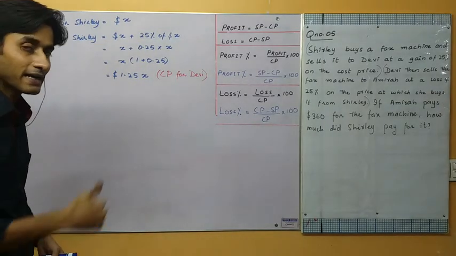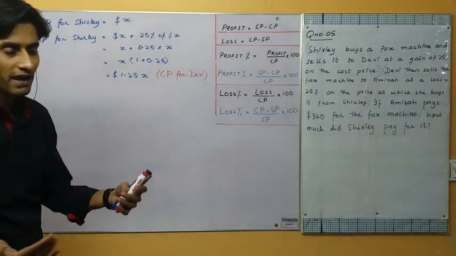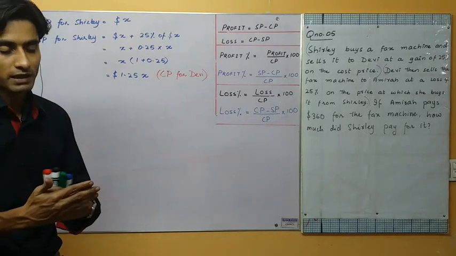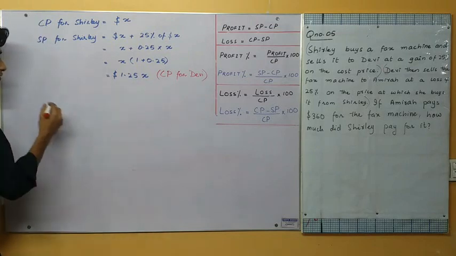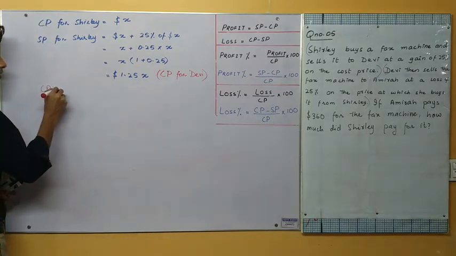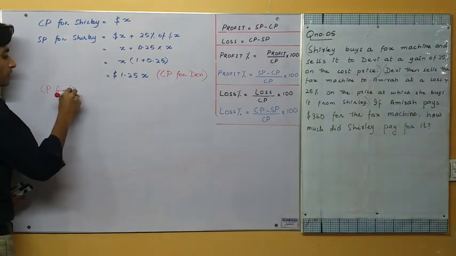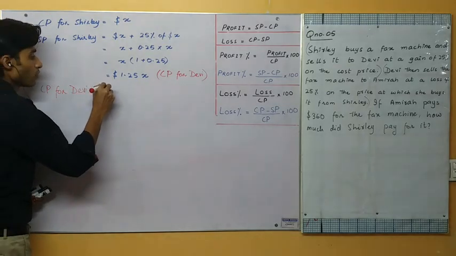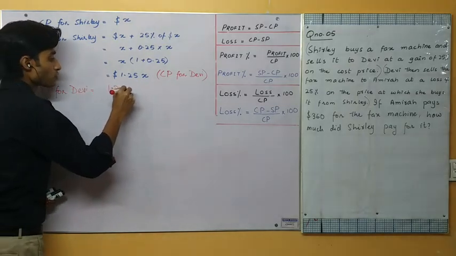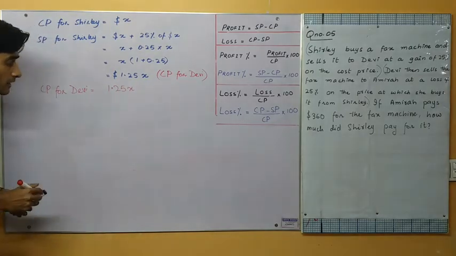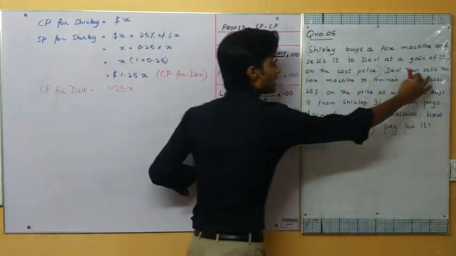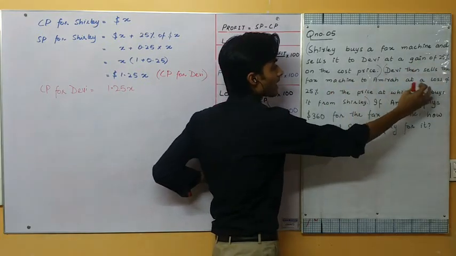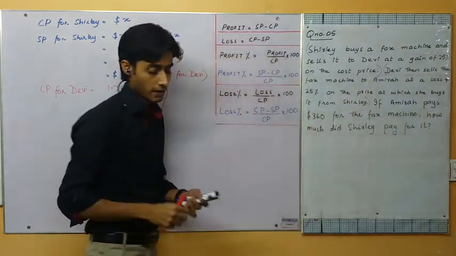If Devi sells it at the same price, does she have any profit or loss? No, she just sells it at the same price. So the cost price for Devi is now 1.25 times x. Is she selling it at a profit or at a loss? She sells the fax machine to Amira at a loss of 25%.